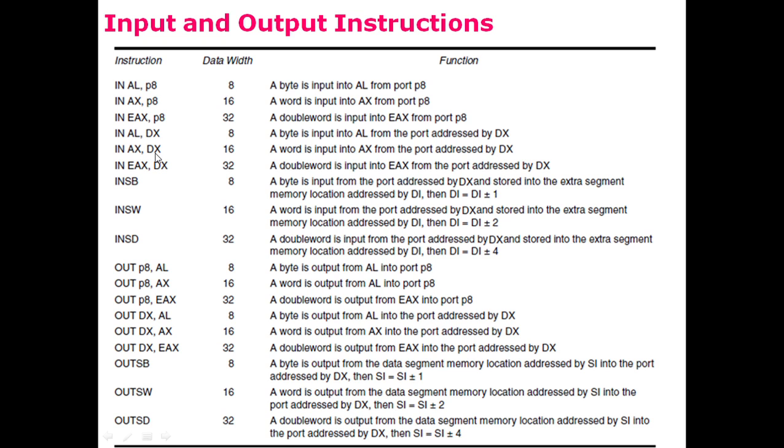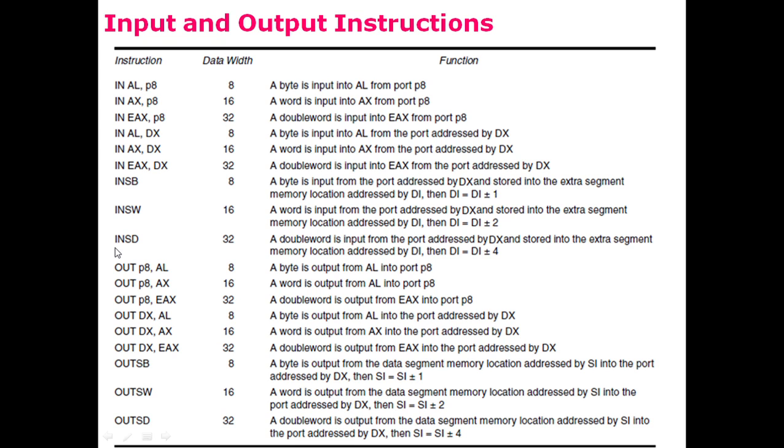And here 16-bit data is read from the port addressed by DX into AX, and the amount of data that is being read is determined from the size of the destination register here. So AL is 8-bit, AX is 16-bit, EAX is 32-bit, so that's why 8, 16 and 32-bit is the data that is being read by these instructions.